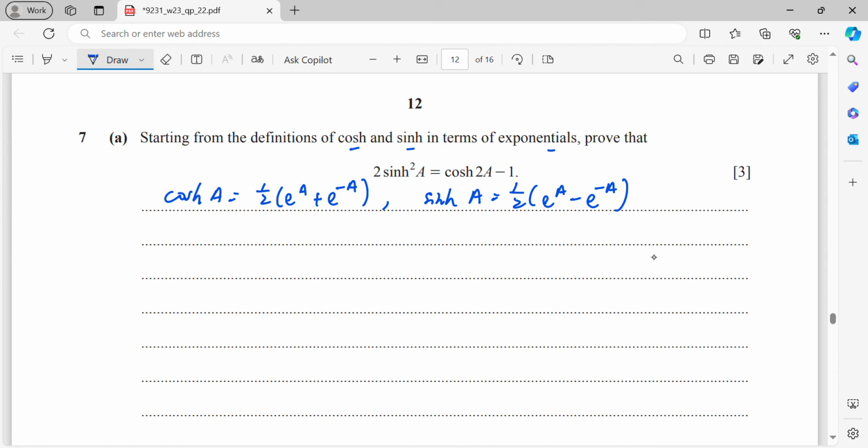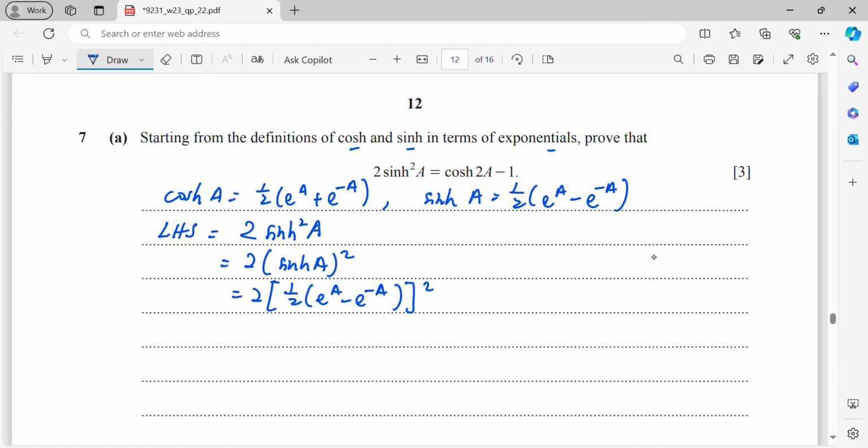So I will start from the left hand side. That is 2 sine squared A. This 2 sine squared A is the same as 2 times (sine A) squared. So now I will write sine A is half e^A minus e^(-A). Then you square it. Now this square you bring into the half and also the bracket.